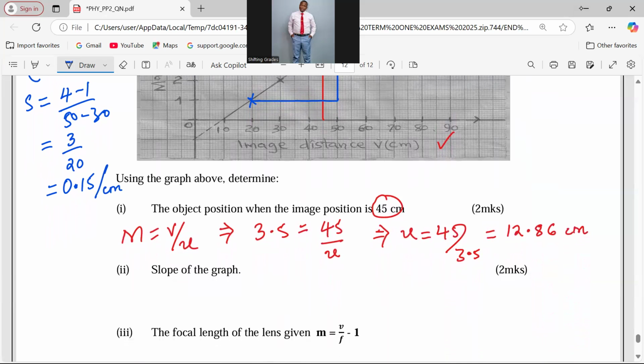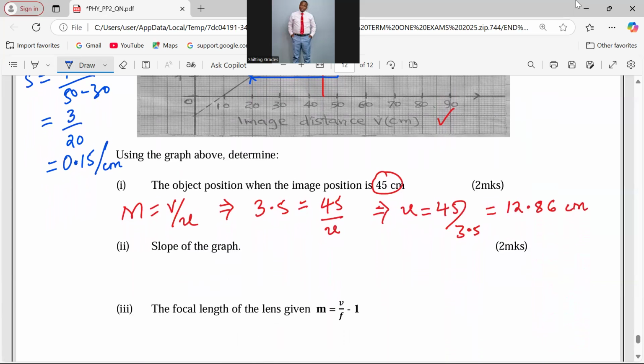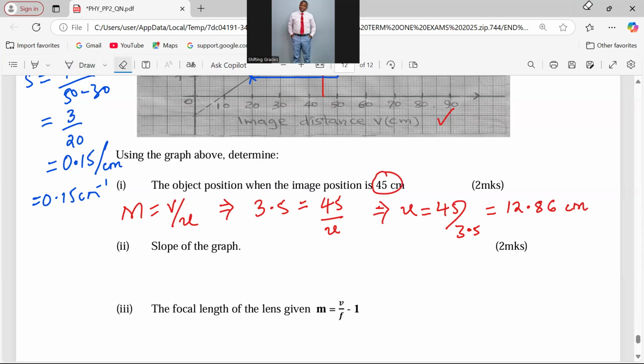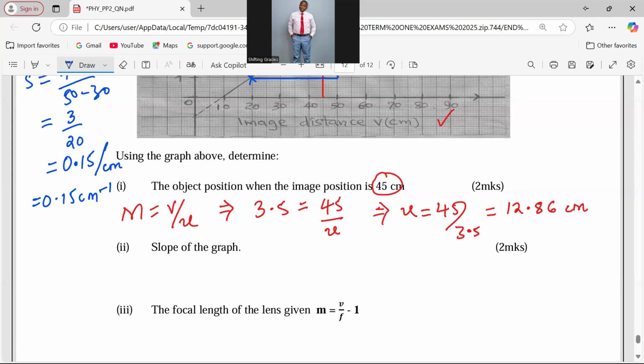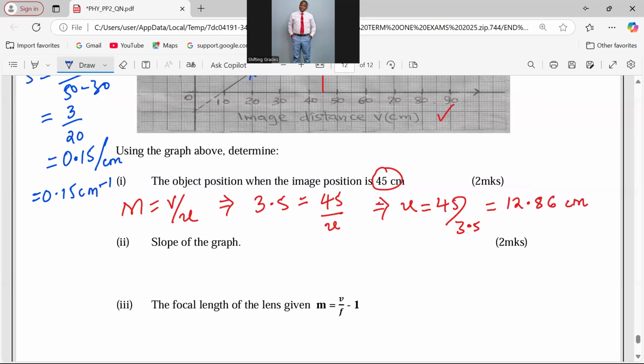So we can say 0.15 per centimeter, or simply 0.15 centimeter raised to the power of -1. That is what per centimeter means. We put it well: centimeter raised to the power of -1. That way, we now have the slope.